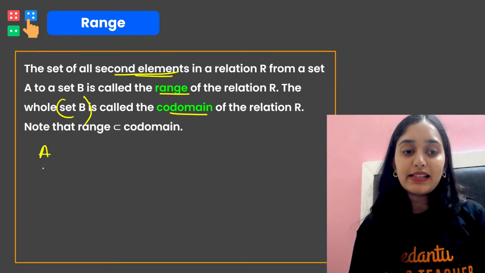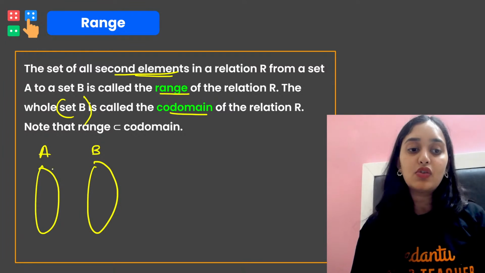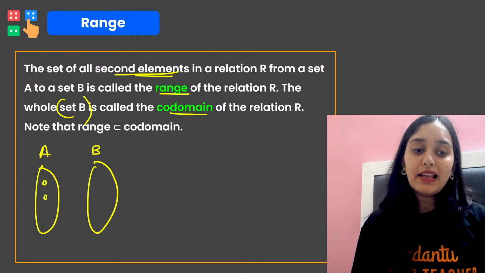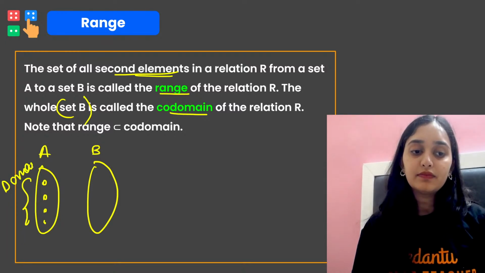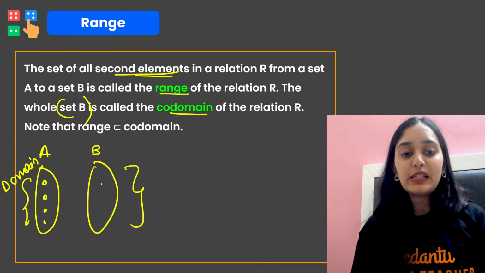So suppose there is a set A having some elements, and there is a set B having some elements. All the elements present over here are called the domain. All the elements present over here are called the codomain.